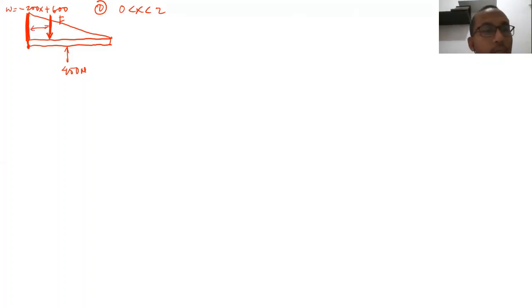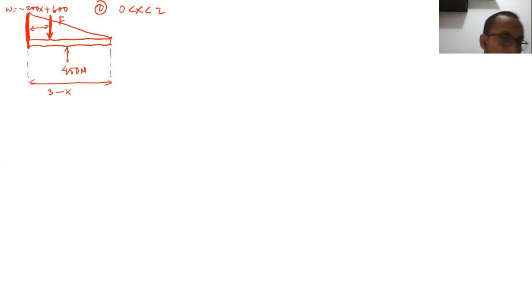Okay, 1/3 from the left. And remember now, our distance here, instead of x, will be 3 meter minus x, because x is from the left.